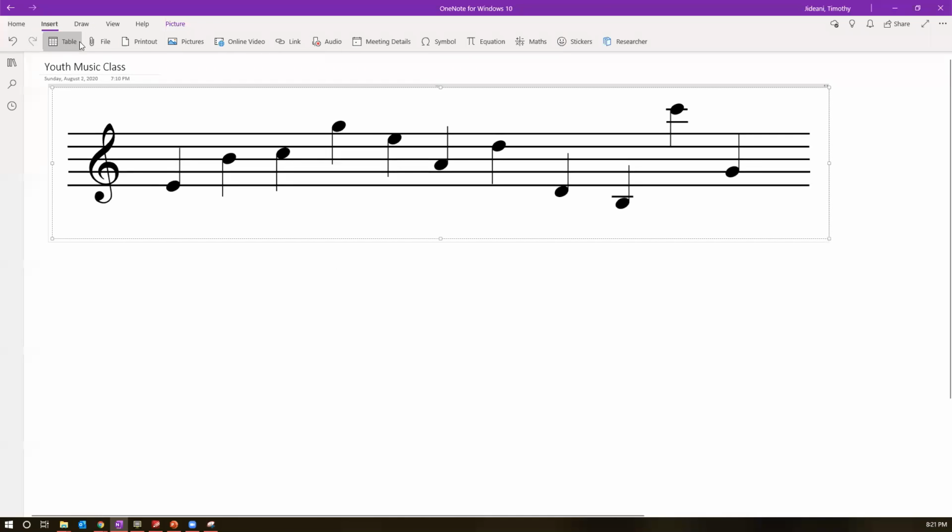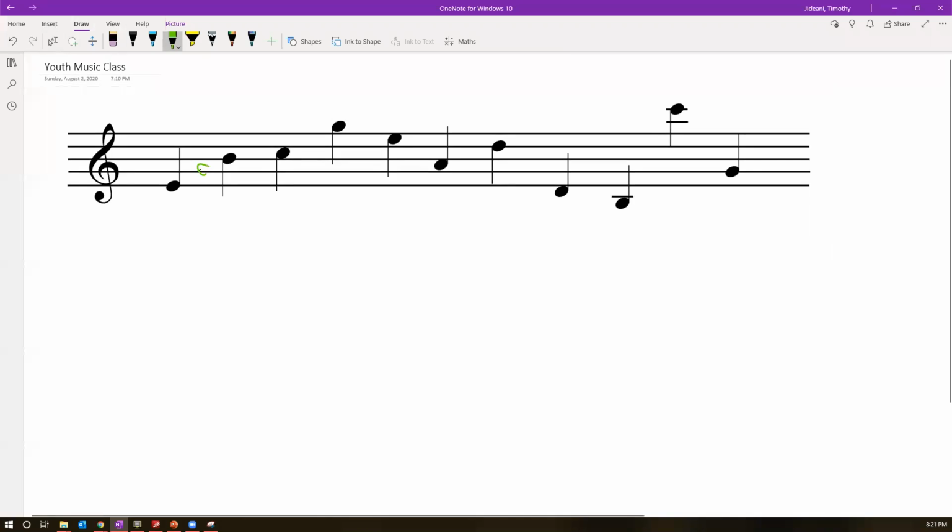Now, remember, that's our G here. And remember we said there are different ways to do this. We can run through the alphabet A, B, C, D, E, F, G going up, and then going down as well.